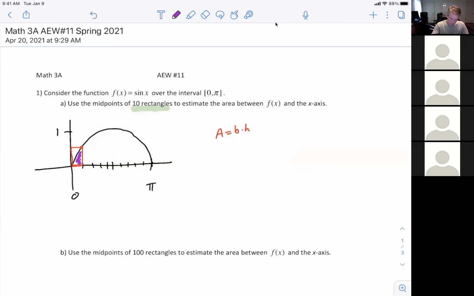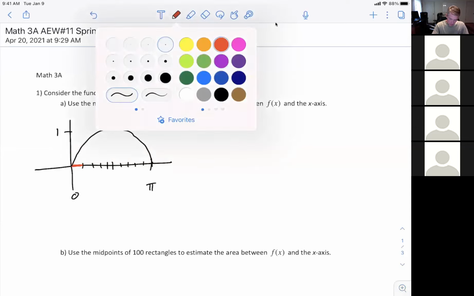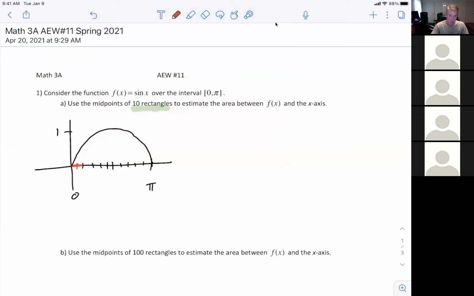So then what you could do is say, well, instead of using, let me back up, instead of using the right endpoint, what if I use the midpoint of this interval? So go up until you hit the function and then make a rectangle with that height.